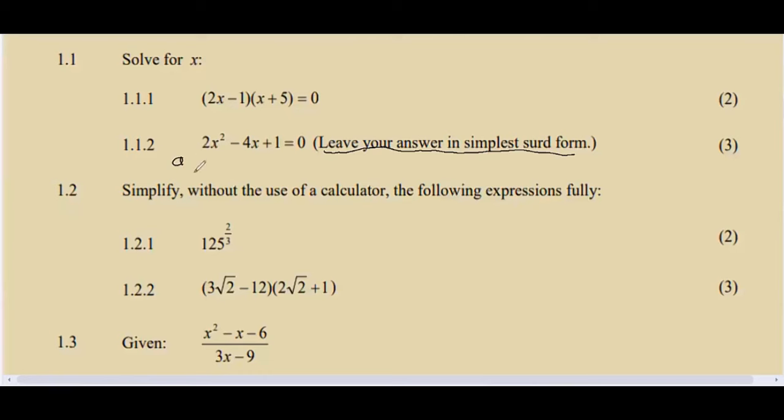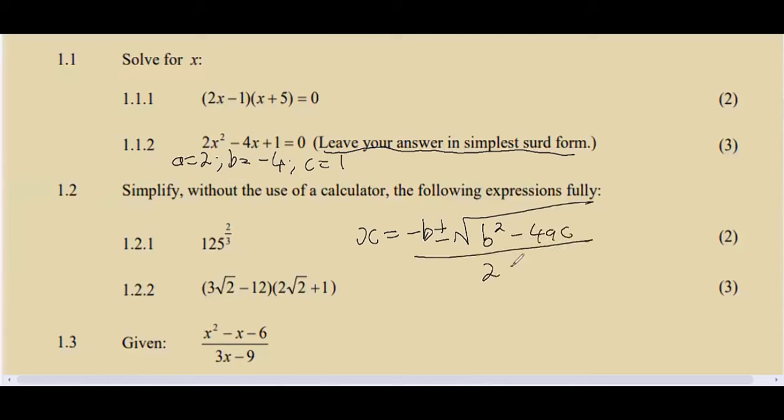So we have a is equal to 2, then your b is equal to -4, then your c is equal to 1. So now this is x is equal to -b plus minus the square root of b squared minus 4ac, over 2a.